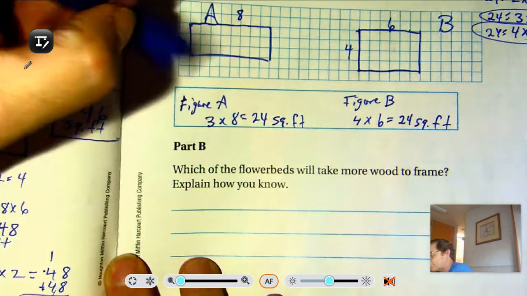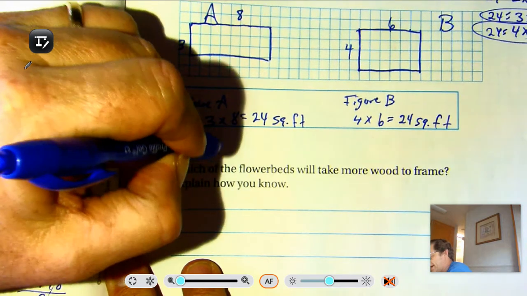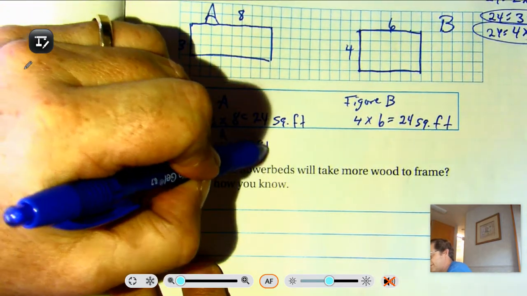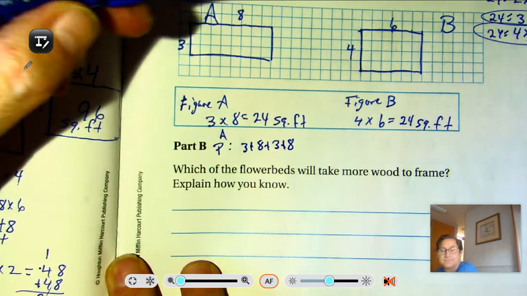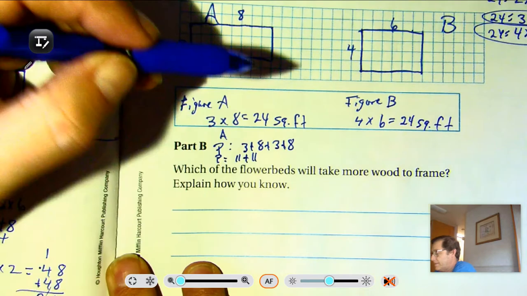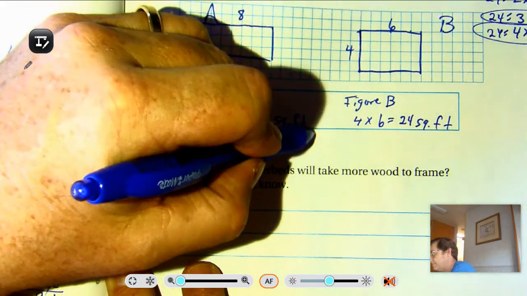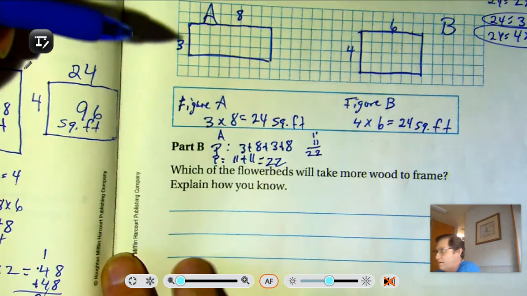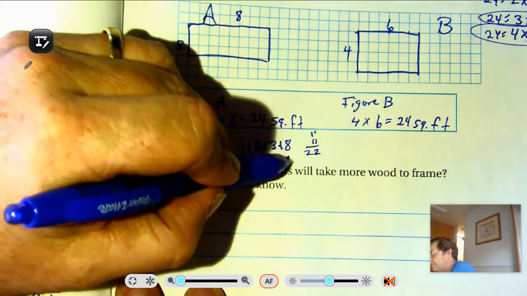Let's see. So the perimeter of A is 3 plus 8 plus 3 plus 8. So 3 plus 8 is 11, and 11 plus 11 is 22. All right, so 22 feet.